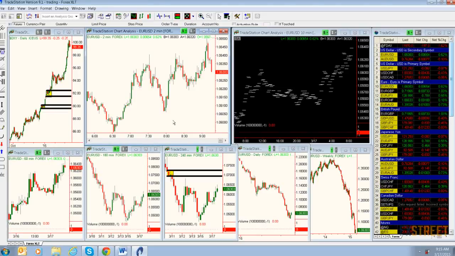So let me just kind of circle these areas. We do have this rally base rally coming out of this drop base rally.